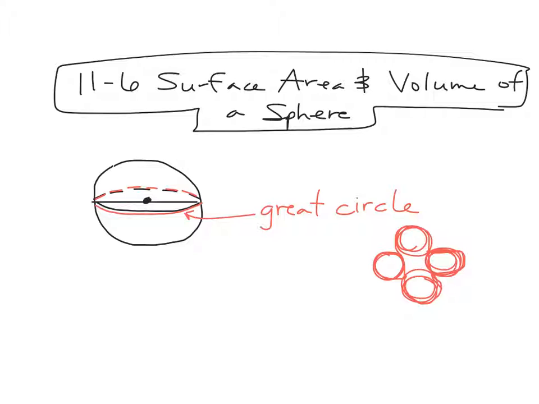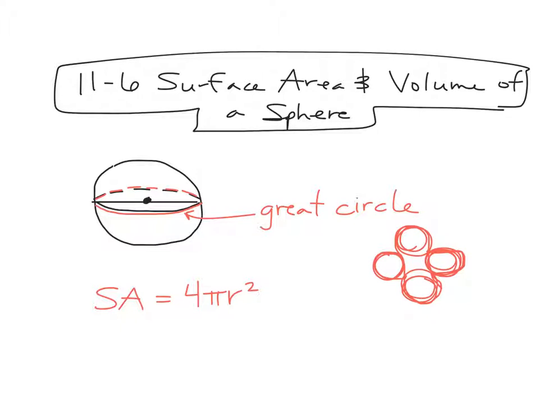So the surface area of that sphere, once we open up the stitching and look at those two pieces, those 4 circles, is the area of the circle times 4. So the formula for surface area of a sphere is 4 pi r squared. Just think of it as 4 circles.